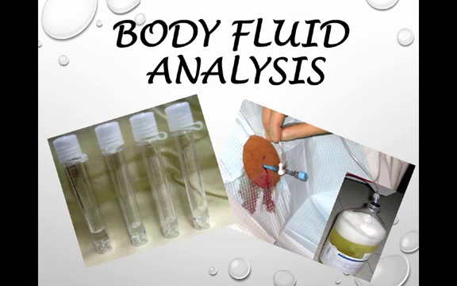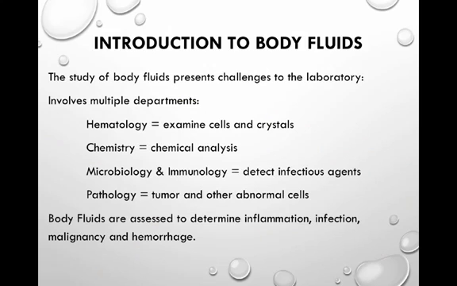On the left in this image, we see a spinal fluid collection, and you'll get several tubes. And on the right, we have a collection of ascites or peritoneal fluid. So again, we could get something in a gallon jug at times, depending on the fluid type.